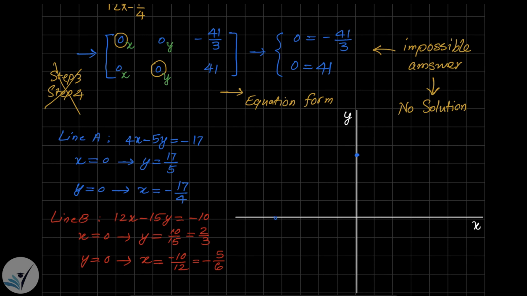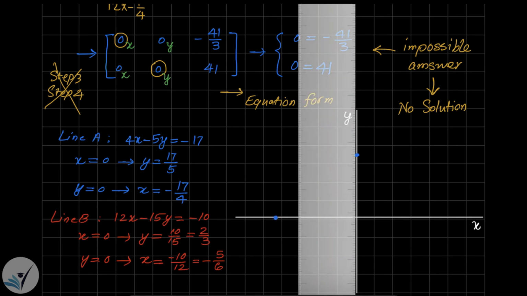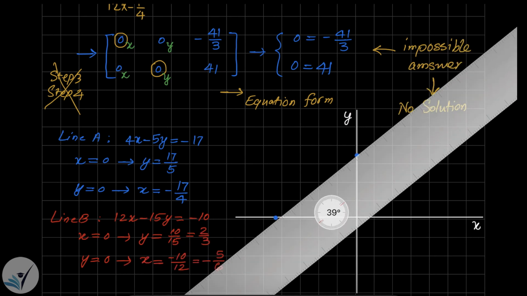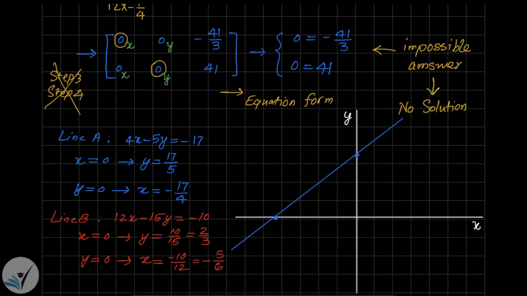Let's say this is the other point. And then let's connect these 2 points. For the other line at x equals 0, y equals 2/3. This is one point. The other point is at y equals 0, x equals minus 5/6. So this is the other point.